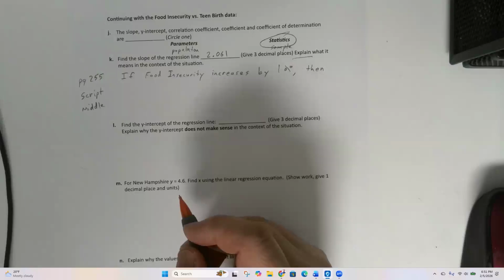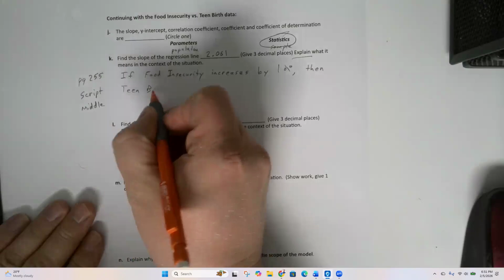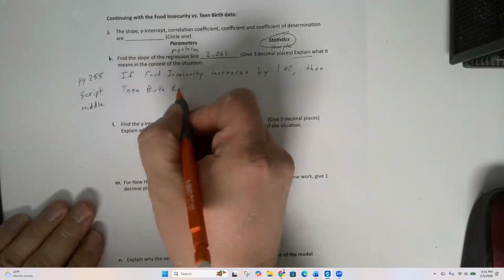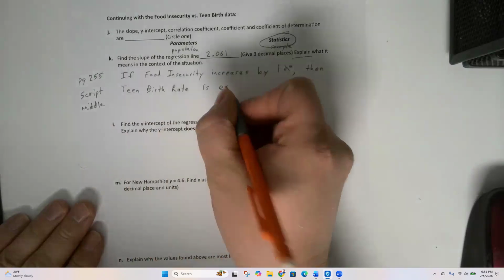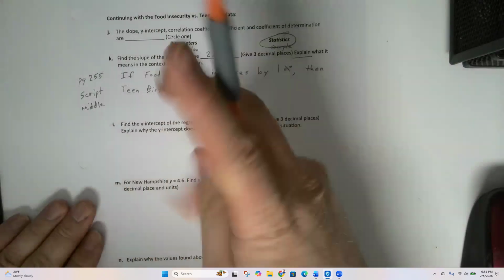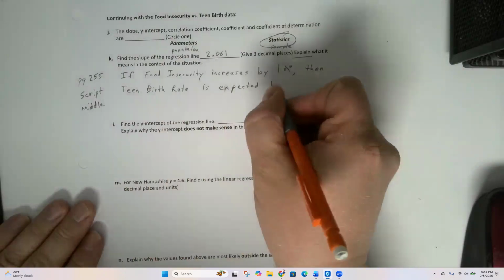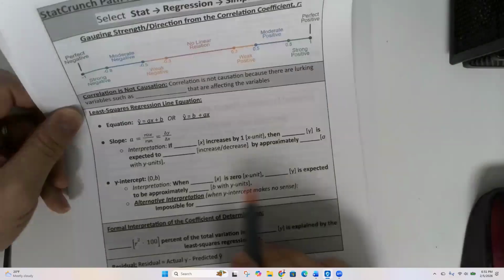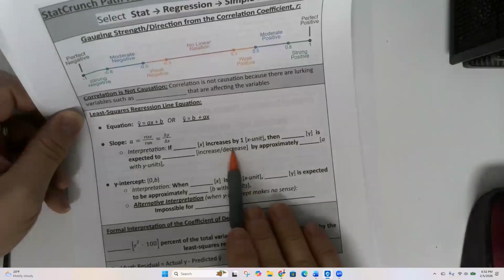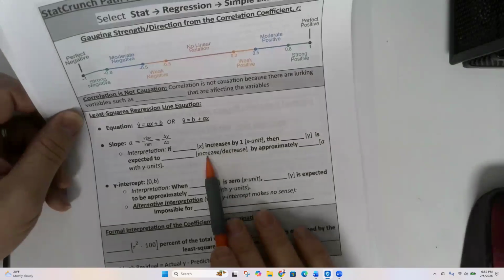then we write out what y is. Y is expected to... Now we write increase or decrease depending on the direction of the slope. If it's a positive slope, it means increase.